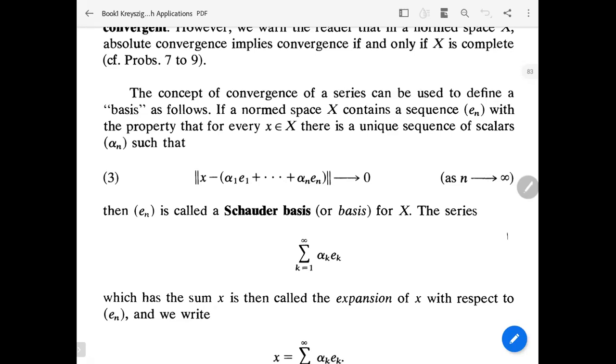If for every x, there exists a scalar such that the norm of x minus (alpha 1 e1 plus ... plus alpha n en) converges to 0 as n approaches infinity, then we say that the set e1, e2, and so on is a Schauder basis for X, if the limit exists for every x in the normed space.